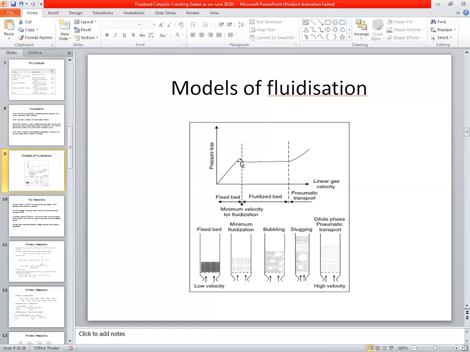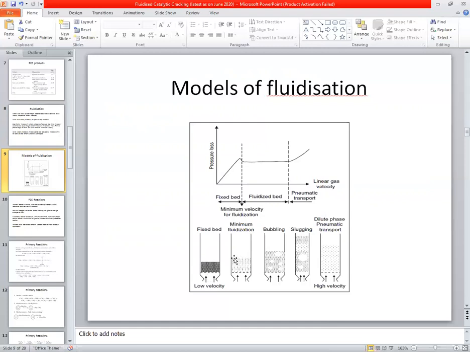But when it reaches here, the pressure loss times the cross-sectional area equals the gravitational force of the particles, and the particles start to move. This condition is called minimum fluidization. Initially, this is the packed bed condition, where the velocity is lower.